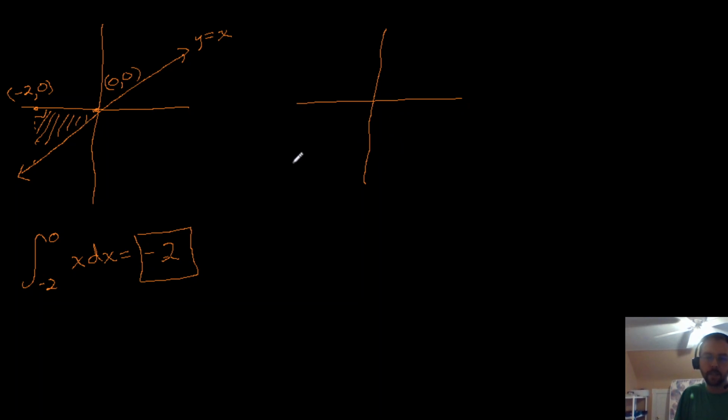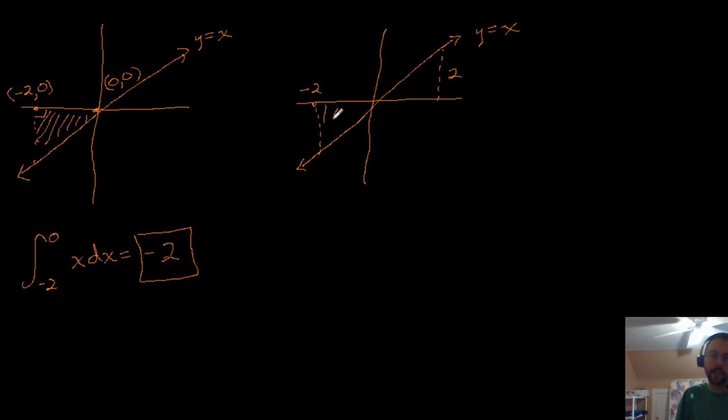So what that means is, if you just straight up use integration to figure out, say this is y equals x again, and this is x equals -2, and now this is x equals 2.